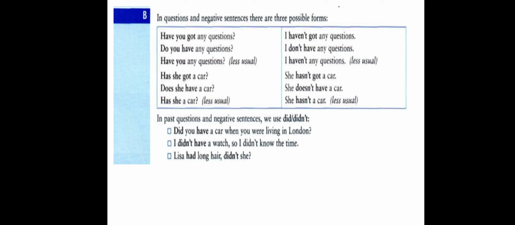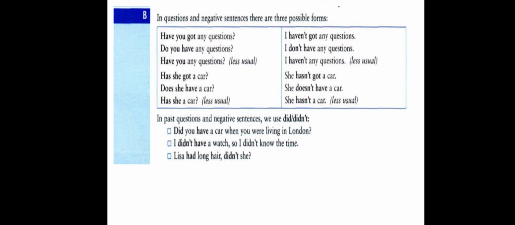If we speak about have as a main verb, we must use do to form the question. So we use do at the beginning before the subject, so it becomes like this: do you have any questions? This is to form a question.